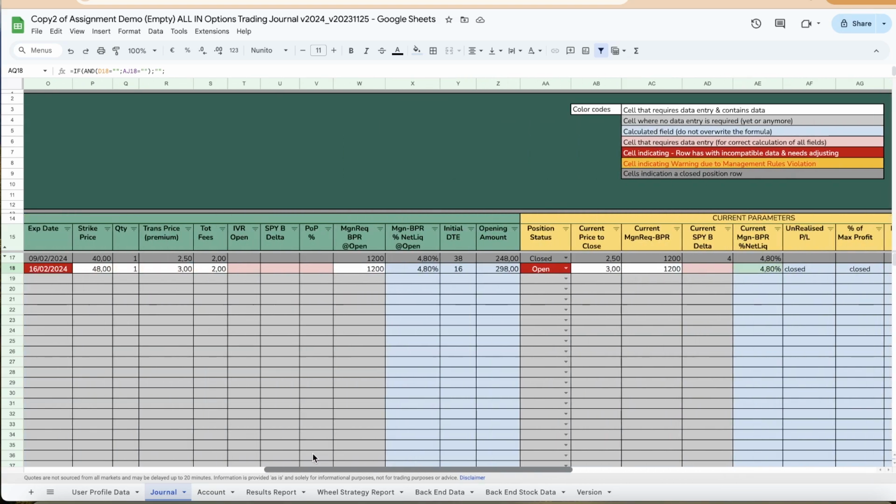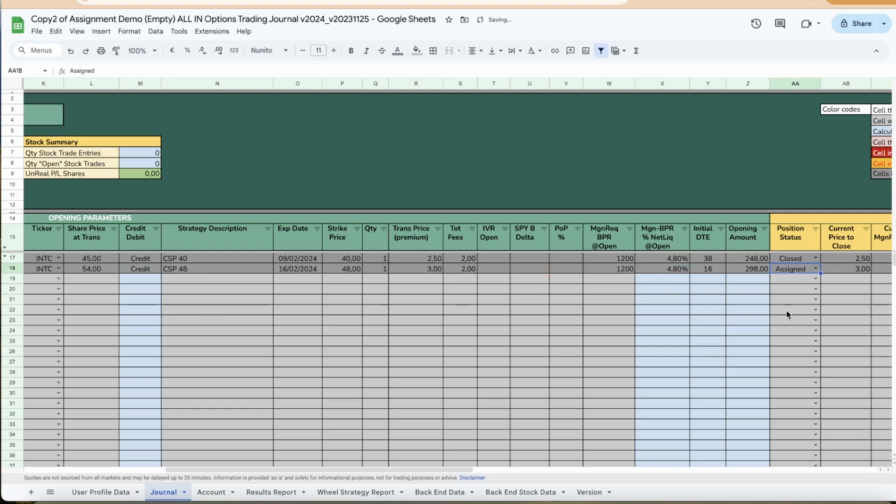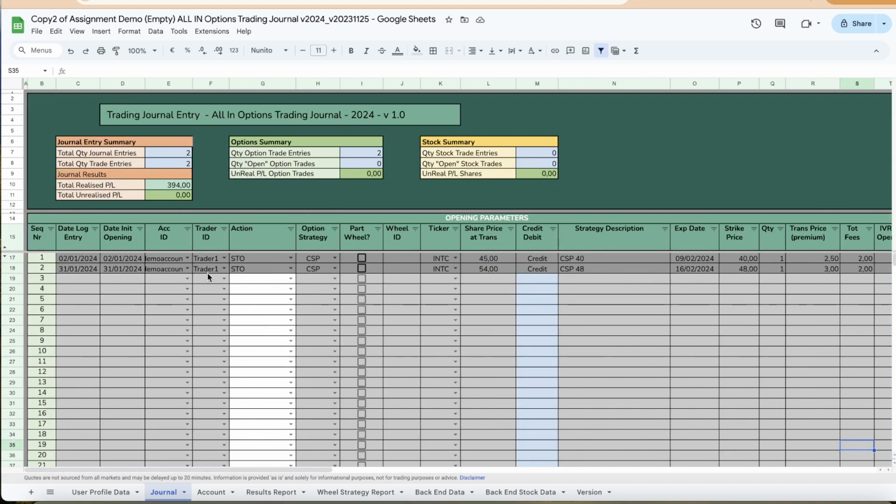And now to complete the assignment itself, I can here indicate that I got assigned as part of the information, but of course I have to buy the shares, and that's also a transaction that I need to enter into the spreadsheet, which I do right now. So I said that I was assigned at a share price of $45. On the 16th of February, I indicate here the 16th.